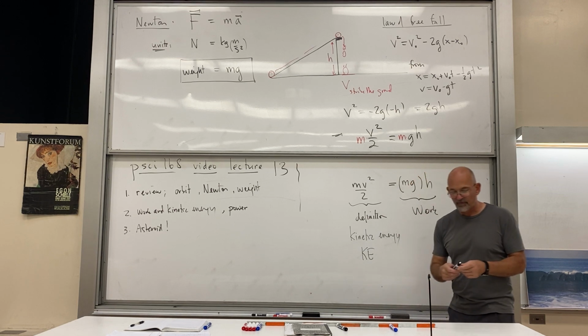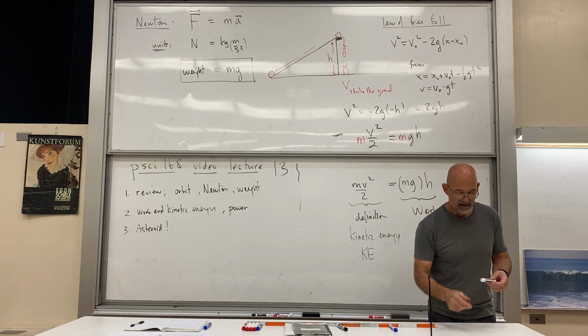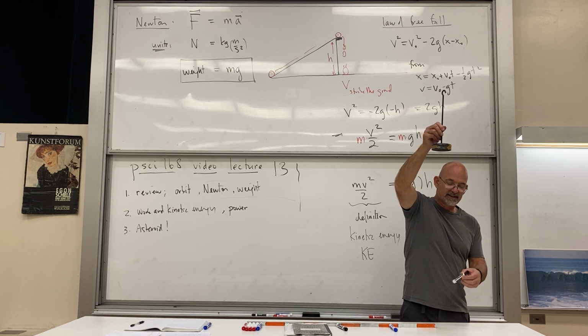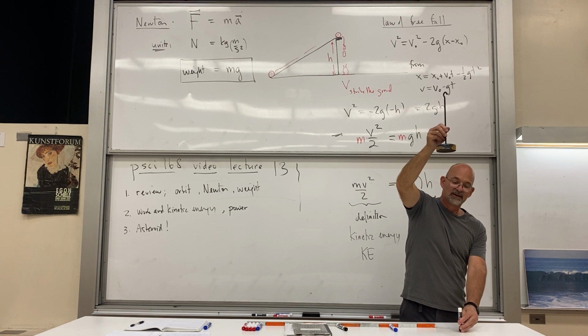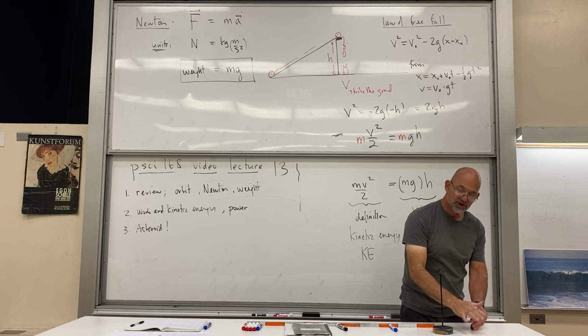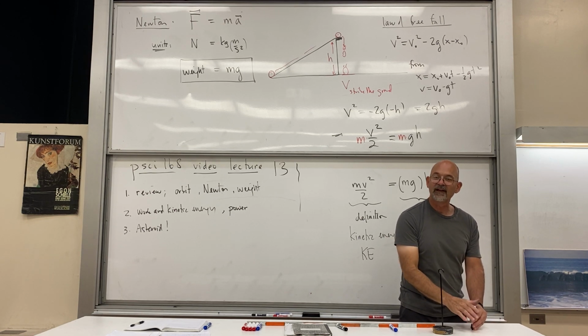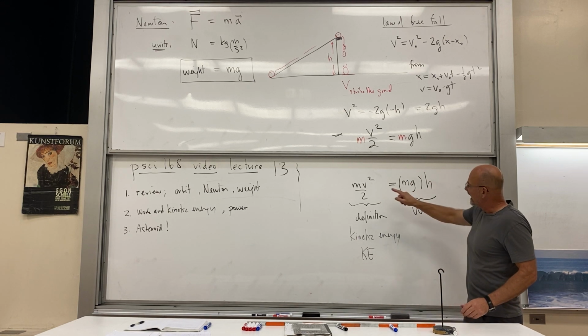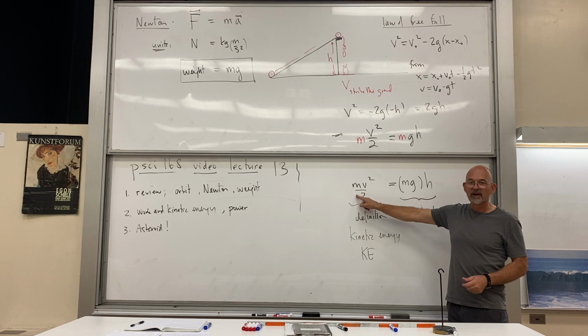I've answered that before, but I'm just going to demonstrate again. If this is my bowling ball or my mass that I'm dropping, and this is a nail, I can drop it on this nail and it will punch it into a board. And that's work. So kinetic energy can do work or can be turned into work.